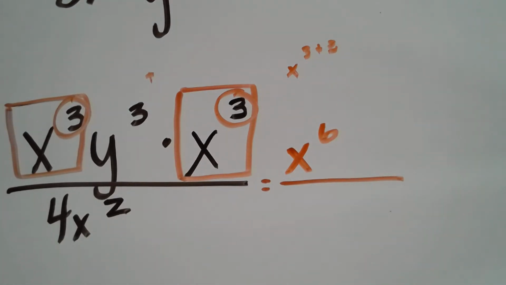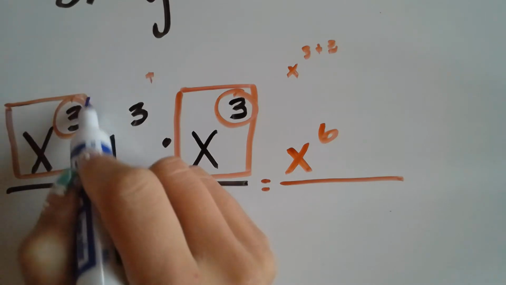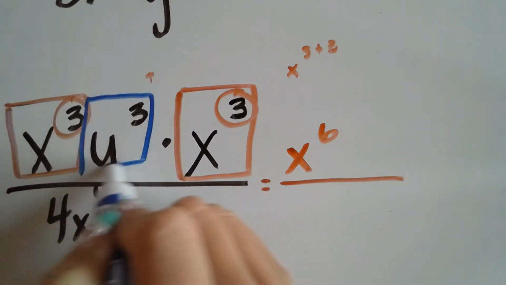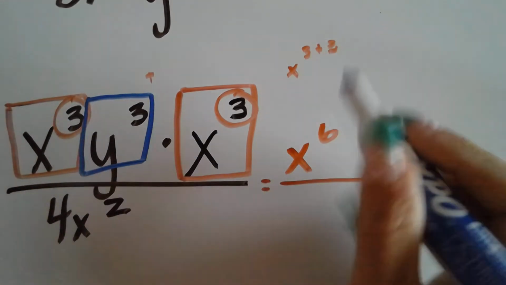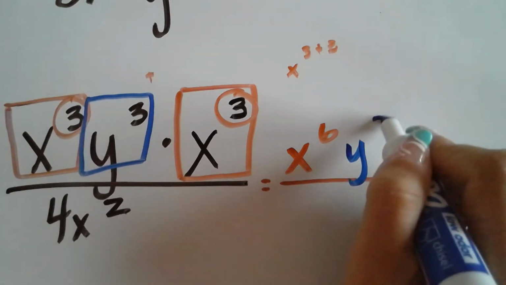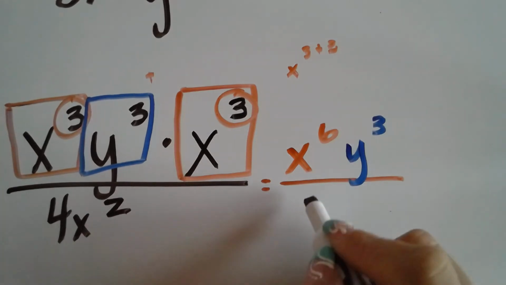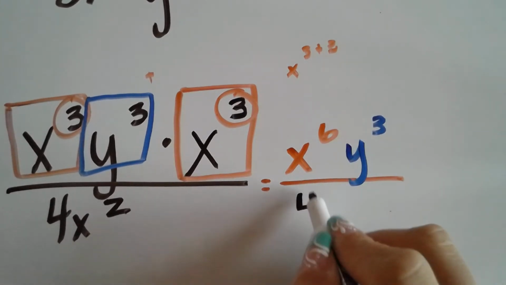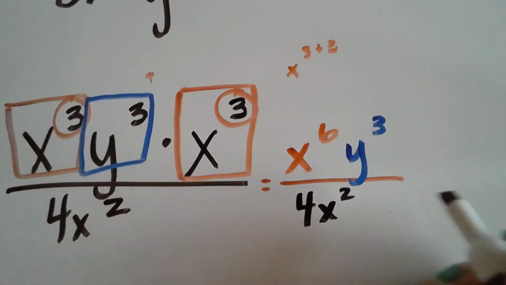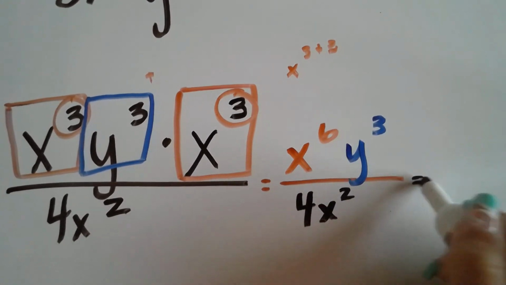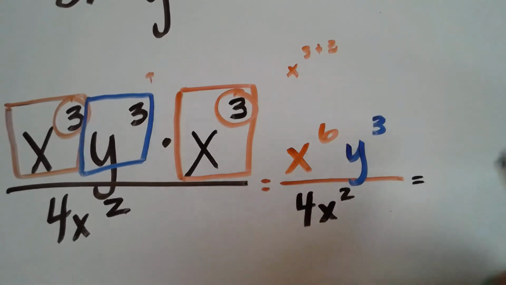And then we also notice that there is a y to the third, which can't combine with anything else up in here. So we're going to write y to the third. We have not done anything to our denominator, so we are going to rewrite it: 4x squared.